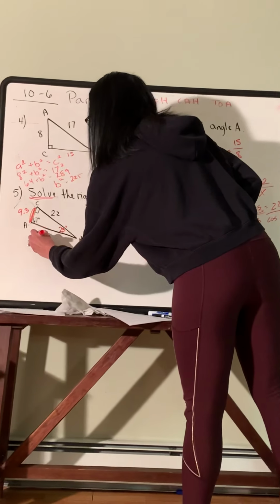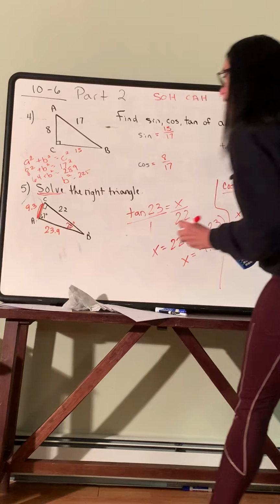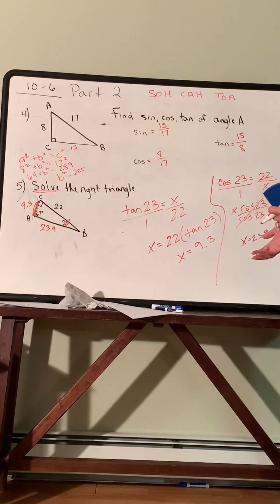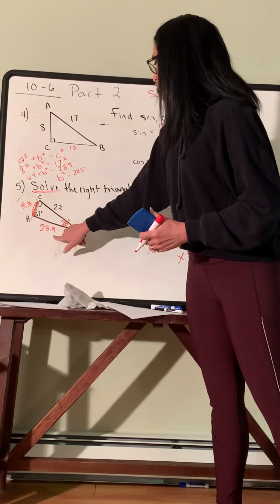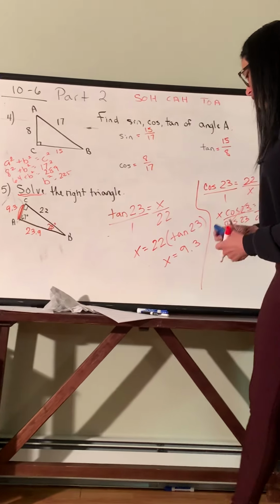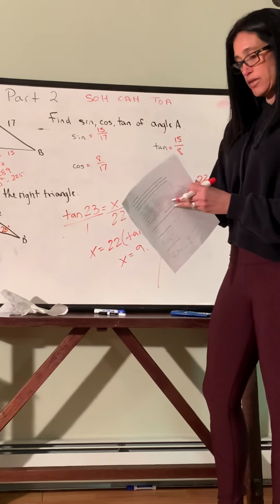So this side length is 23.9 units. Did I solve the whole right triangle? Yes. I have all three side measurements and all three angle measurements. Okay, there's one more question left after that.